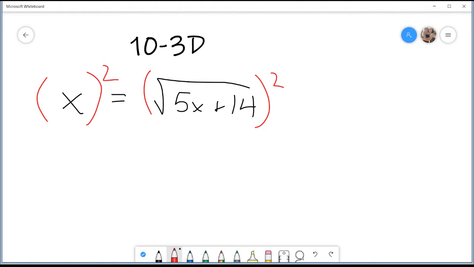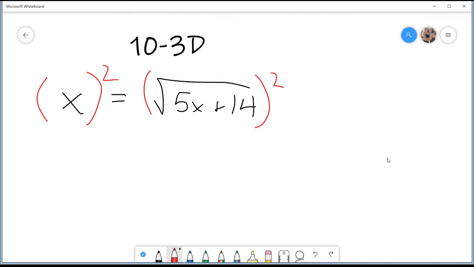Now, this is something you're not going to run into on your homework, but I'm going to say it anyway. If you are ever in a situation where you have a square root like this, but there's more stuff over here that's not in the square root, you want to isolate the square root part, and you would want to move everything else to the other side.